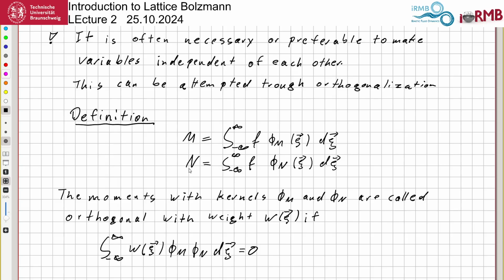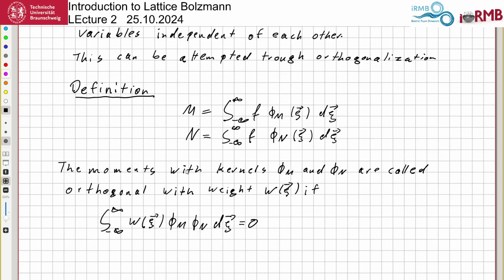Okay, so the reason why this is often done in practice, in particular in the lattice Boltzmann methods, is that we want these two things, when they are orthogonal, to carry independent information.